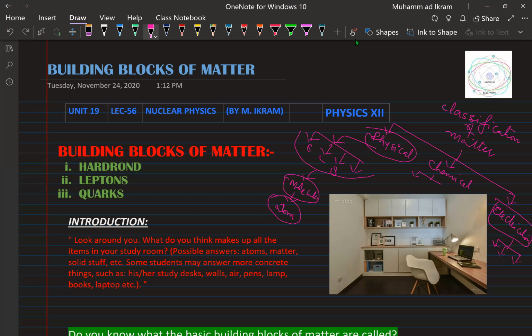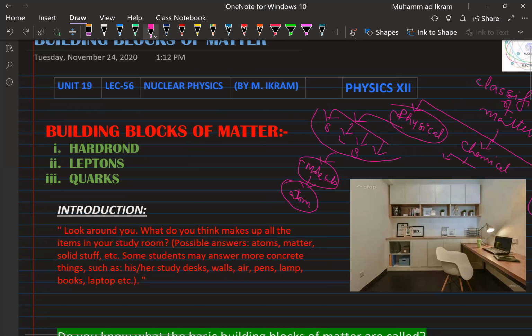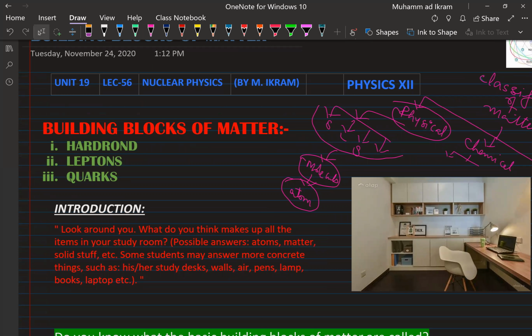So these particles are in fact called the building blocks of matter, and we classify them into hadrons. I'm very sorry, the spelling I wrote here is wrong. There is no R here.